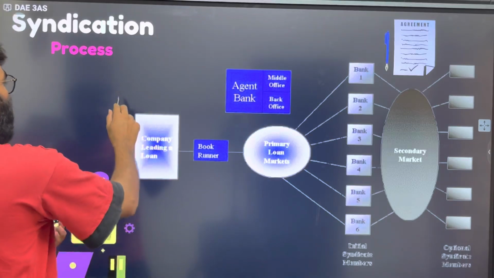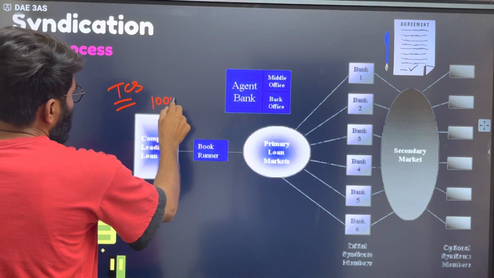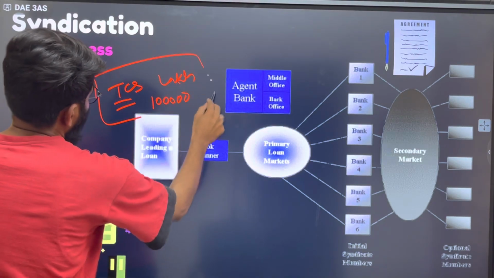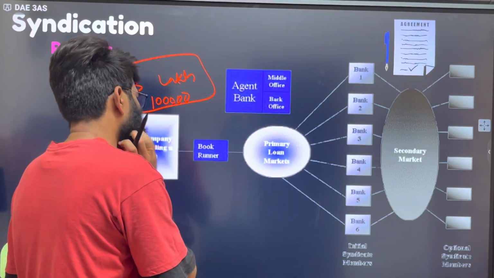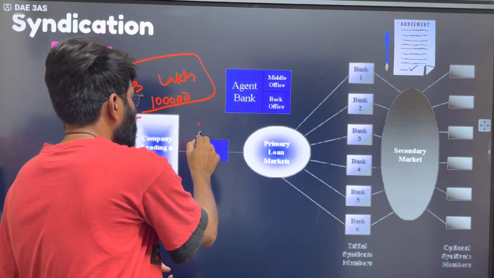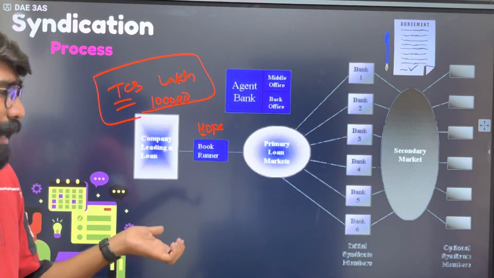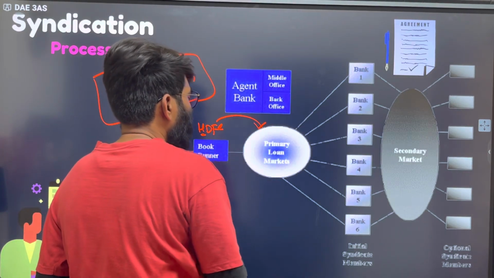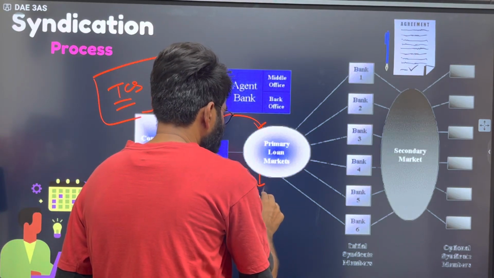Let's assume TCS wants 1 lakh, same example. TCS is looking for funding, right? TCS reaches out to, let's say, HDFC for a loan. HDFC denies paying the entire loan. Then HDFC reaches out to the LMA market, the primary loan market.